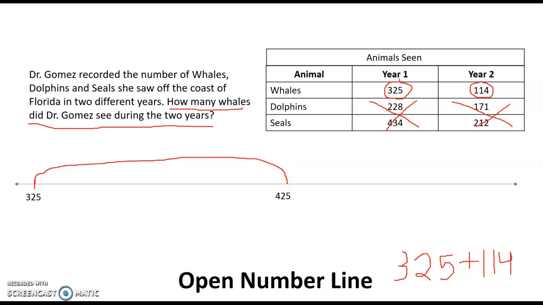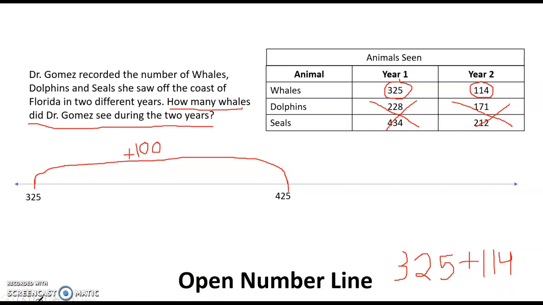We have 425. So 325, we're adding 100. Okay, so we've jumped 100. Now we have 14 left.